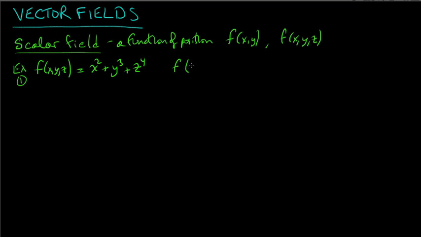The value that corresponds to the point 2, 3, 1 is going to be 2 squared plus 3 cubed plus 1 to the fourth. So 4 plus 27 plus 1, that's 32. So at the point 2, 3, 1, we associate this number 32. That might be, I don't know, the temperature at that point.